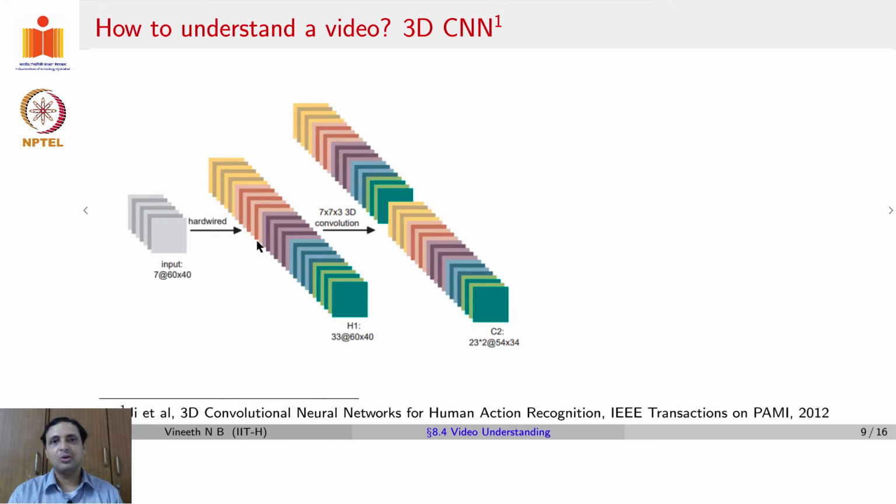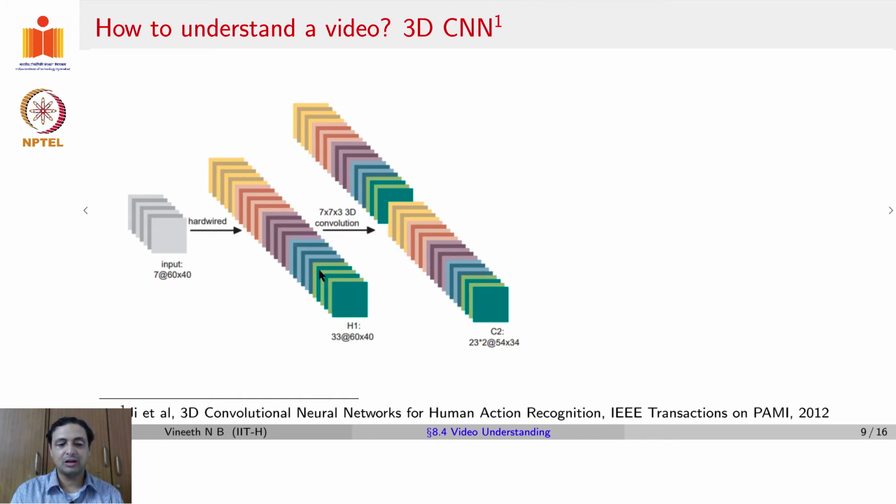The next layer was 3D convolution, which was done using learned weights. They performed 7 cross 7 cross 3 3D convolution, where for each of these specific components, as we said, they had 5 different kinds of feature maps. So they ensured that they did 3D convolution within each of those 5 kinds of feature maps, and that's what you see color coded here.